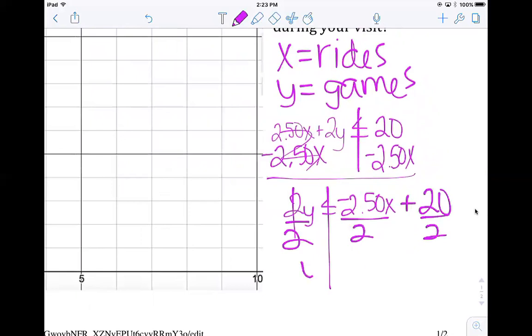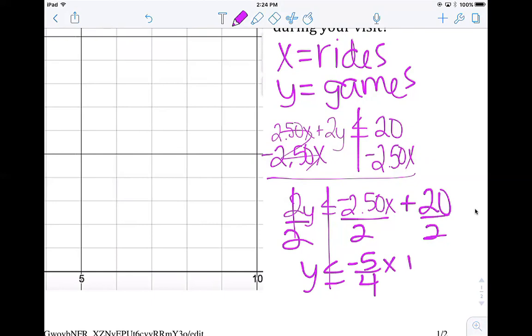So we end up with y is less than or equal to, and we're going to take our negative 2.50 and divide it by 2, and you should get negative 1.25, but we want to convert that to a fraction. You can use your calculator with the double arrow button, or if you use the Desmos scientific calculator, you can type in negative 1.25 and click that little fraction key on the side, and it will tell you it's negative 5/4.